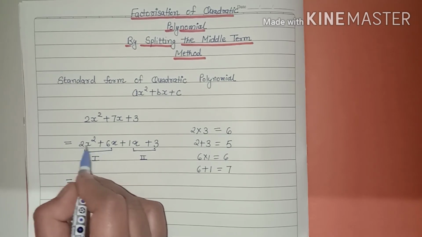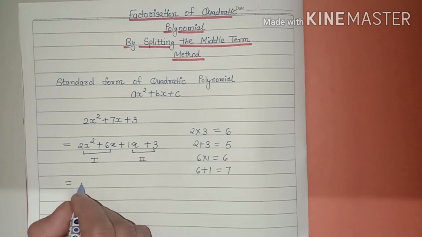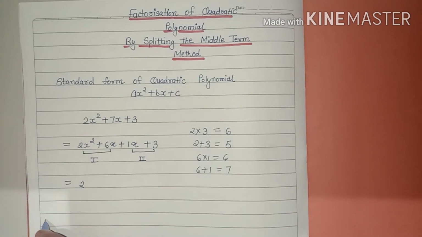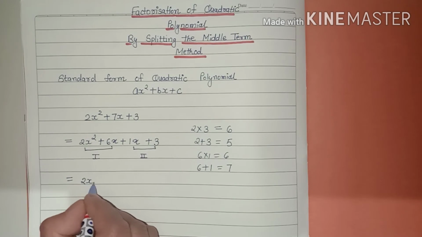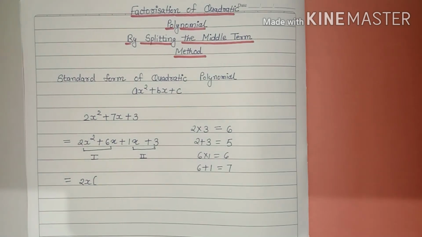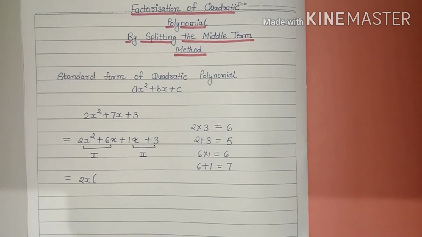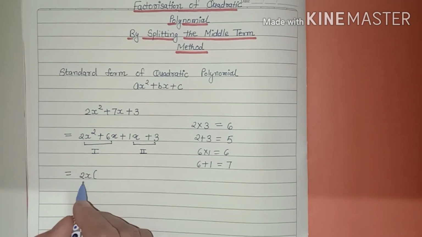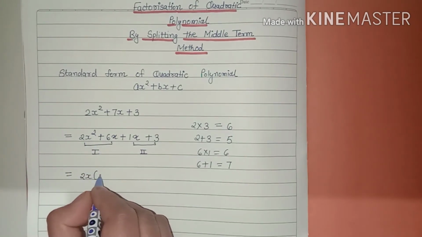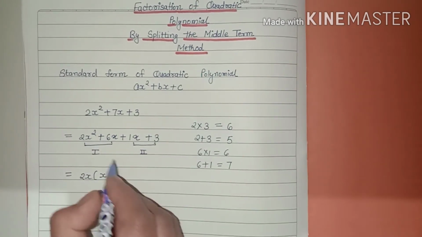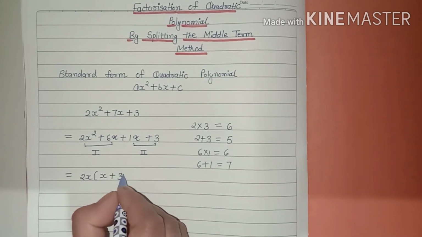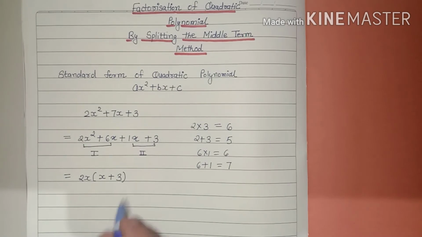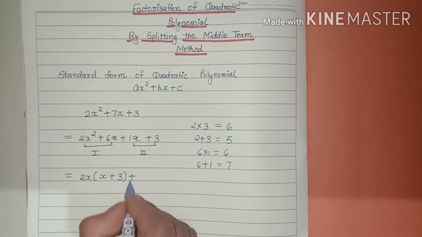As we can see here, from the first group we can take 2 as a common factor and variable x. Within the bracket, now we will write the remaining. From 2x square, as we have already taken x, what is remaining? x. From this 6x, we have already taken 2x as common. What is remaining here? 3. Plus sign as it is.